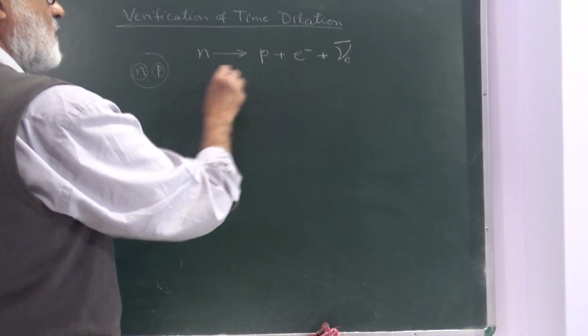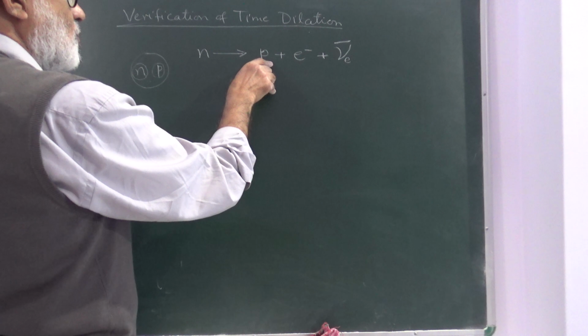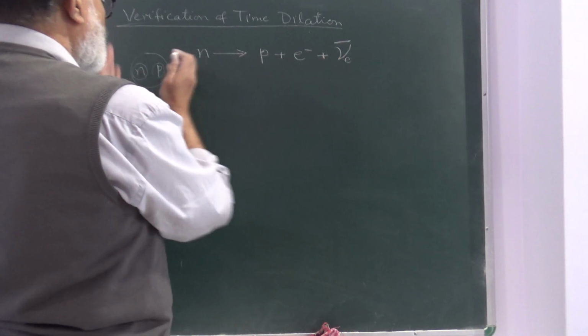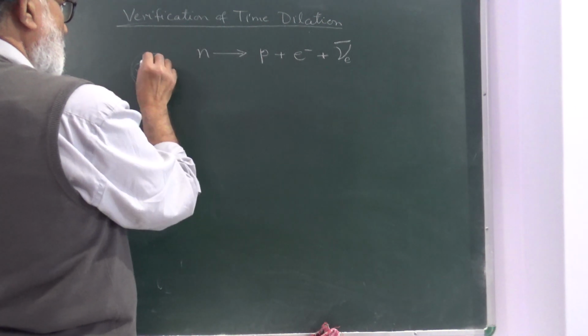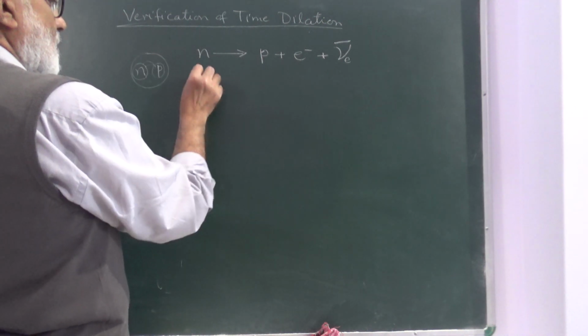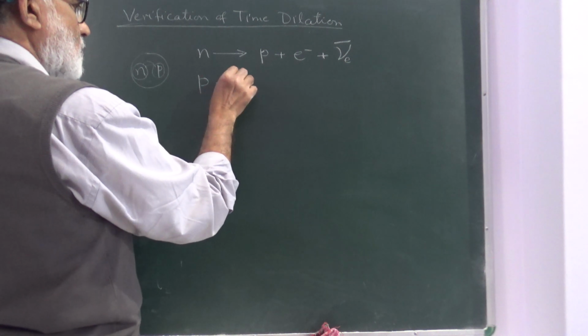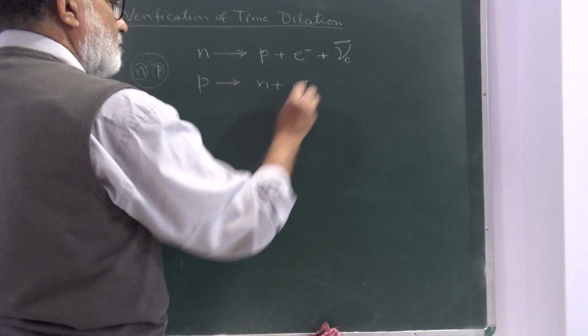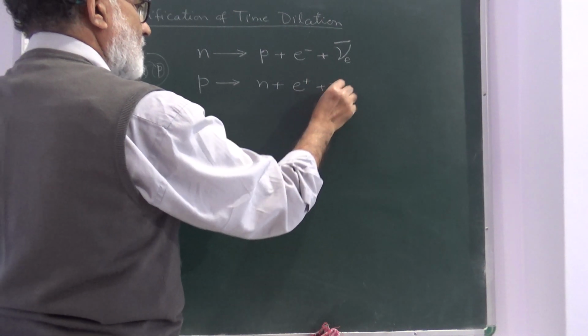The reverse reaction is proton changing into neutron with the emission of a positron, positive charge, and an electron neutrino.